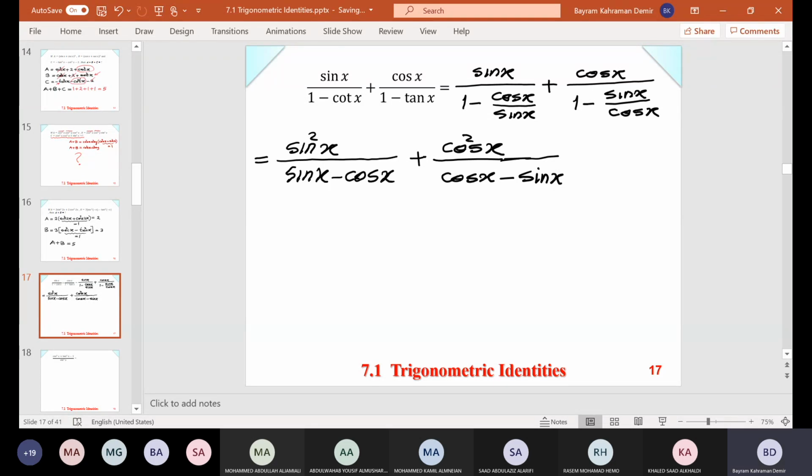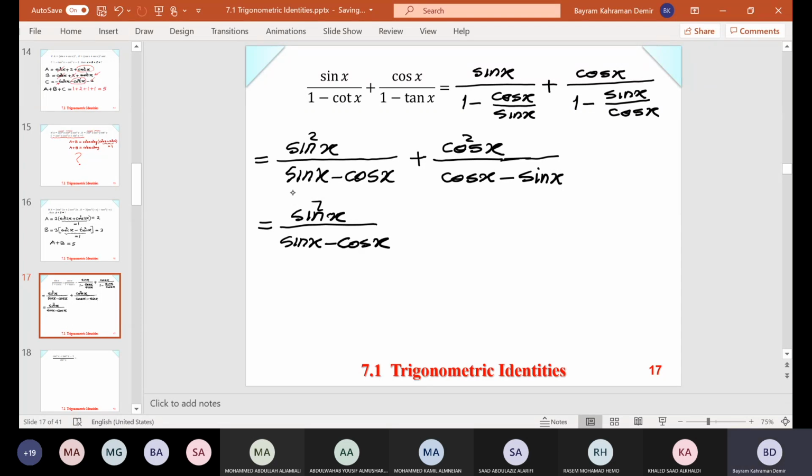Now I'm going to add these two fractions, but I have almost the same denominator: one is sine minus cosine, another is cosine minus sine. How can I make them both the same? We multiply one of them by minus. So let me keep the first one as it is, sine squared of x divided by sine x minus cosine x.